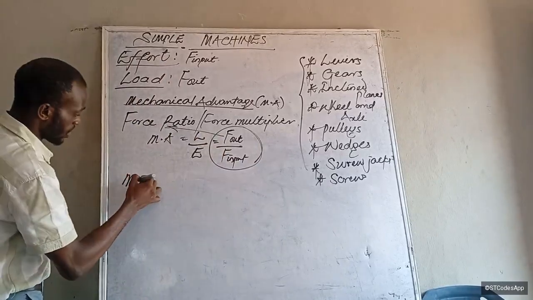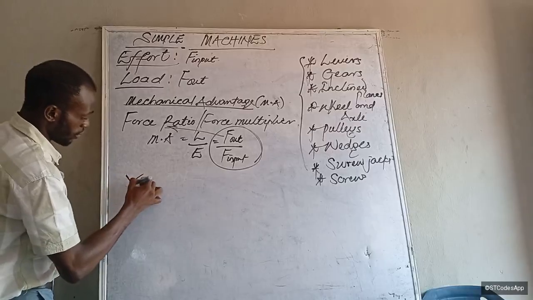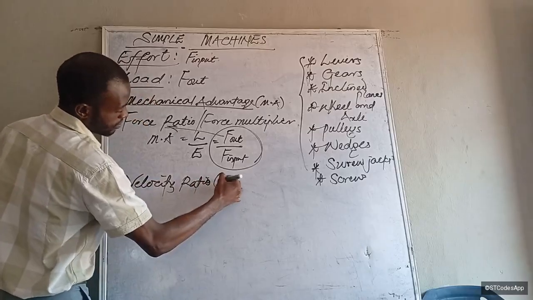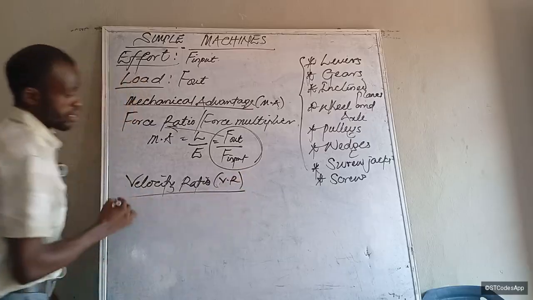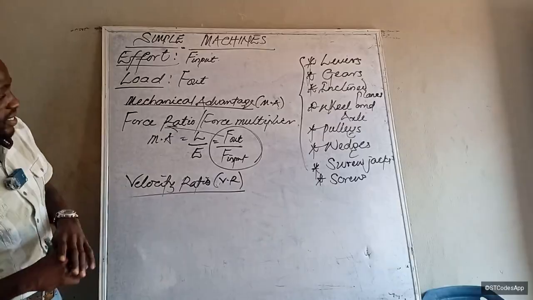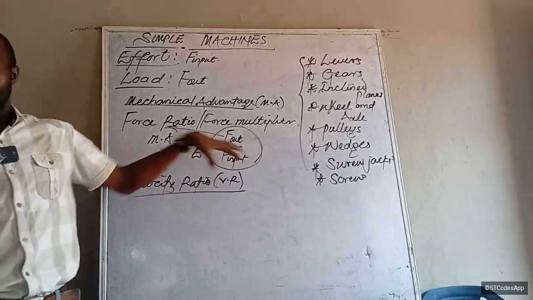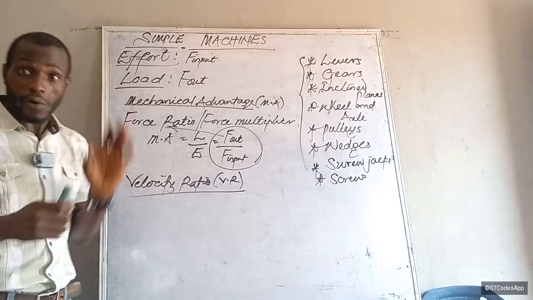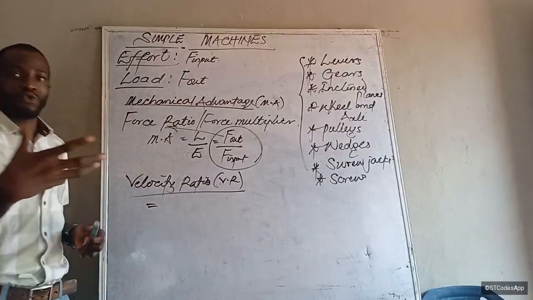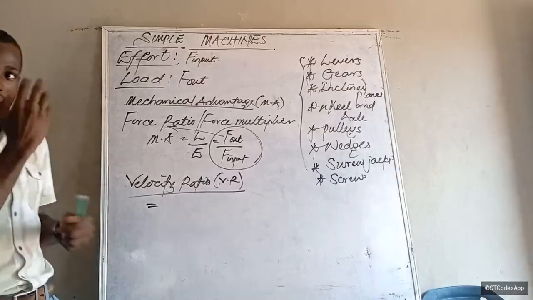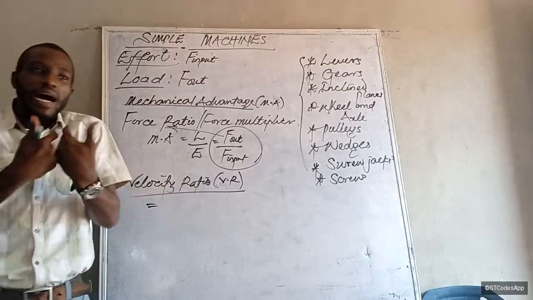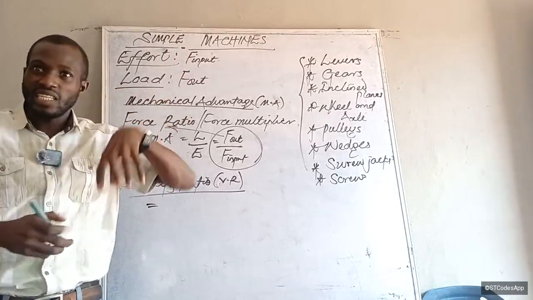Alright, let's go to the next one, which is the velocity ratio, VR for short. This one has many formulas, but the simple idea is this. Mechanical advantage has to do with you and the load, the force you're inputting on the load. But velocity ratio is about the machine itself.